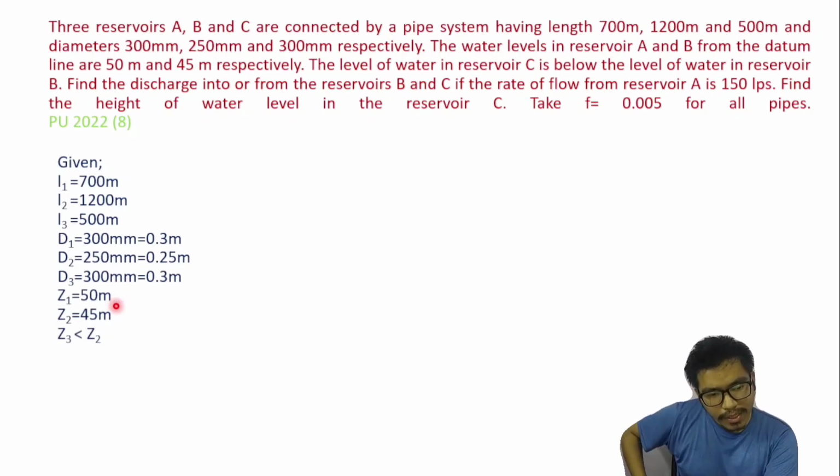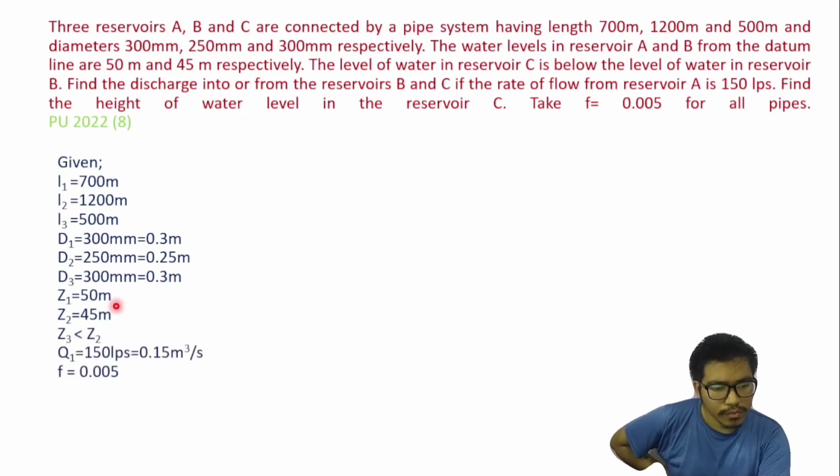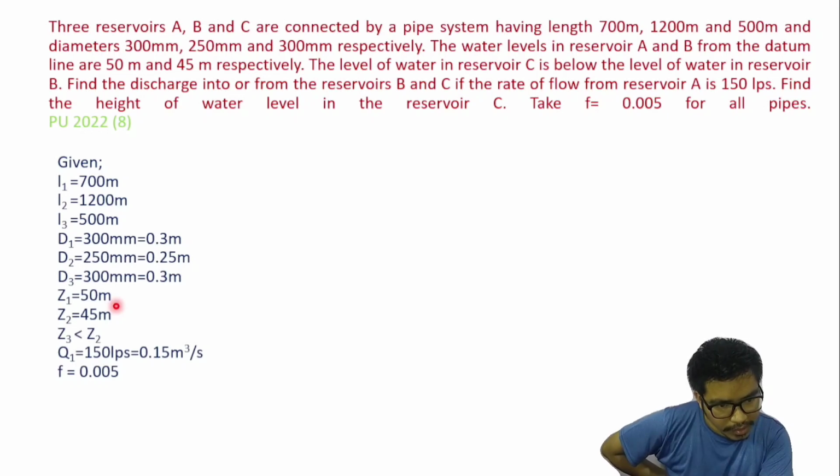Z1 and Z2 are elevations of the surface of reservoirs A and B. Z3 is less than Z2.